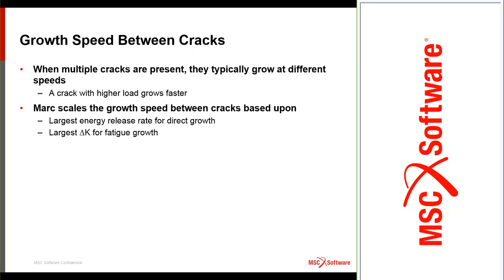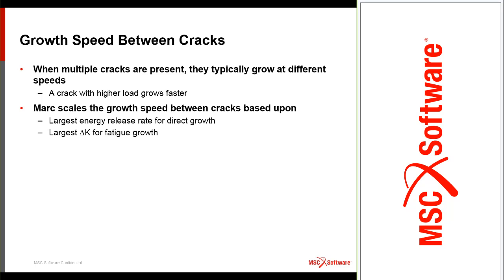So every time we grow the crack, remember the low cycle fatigue example where we load, unload, and grow. So you specify a growth increment, which means the growth speed. And then for each and every crack, say you have 2D cracks, you have a number of crack tips, the one with the largest loading will grow with that specified increment, and the other ones will be scaled down.